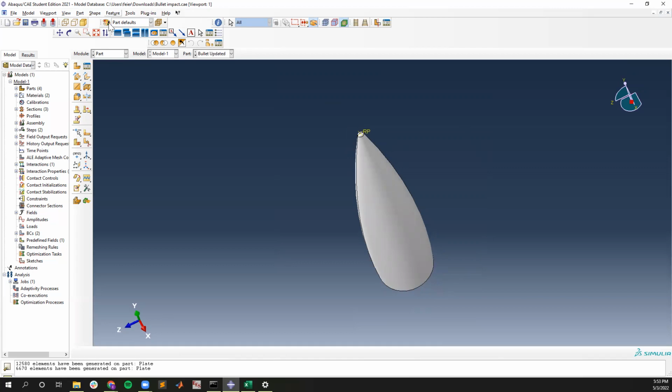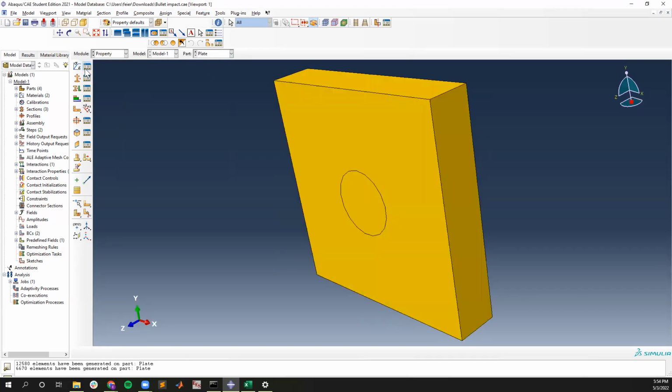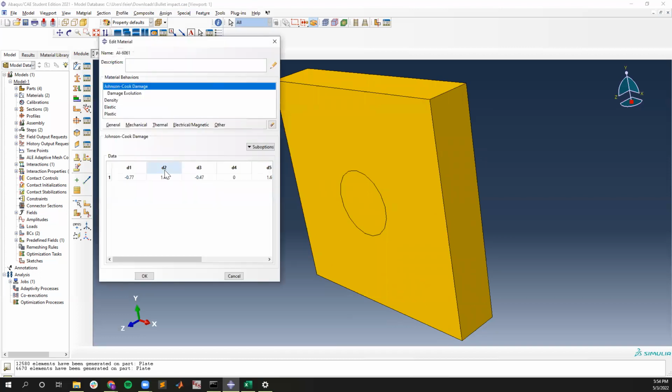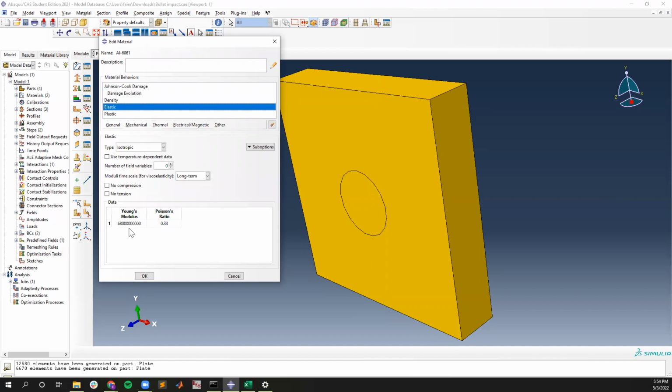So moving on to the property section of the model here, I made the plate out of aluminum 6061, and this is shown right here. So as you can see, the general density for aluminum, the modulus of 68 GPa, Poisson's ratio, all that. But one weird type of plastic deformation, if you remember from the lab, was called the Johnson-Cook dynamic failure model.